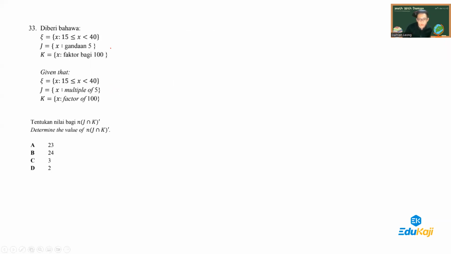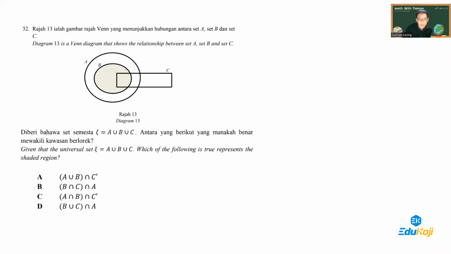This image is wrong, huh? The shaded region should only be here.